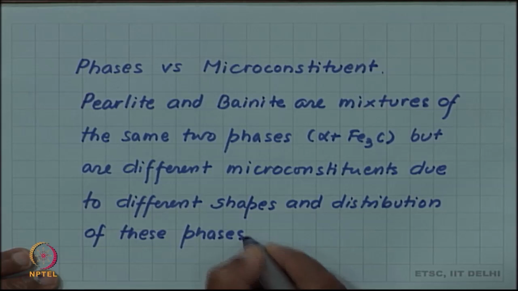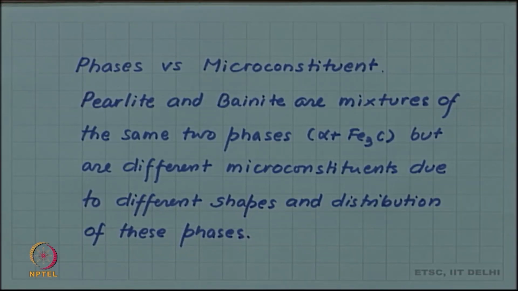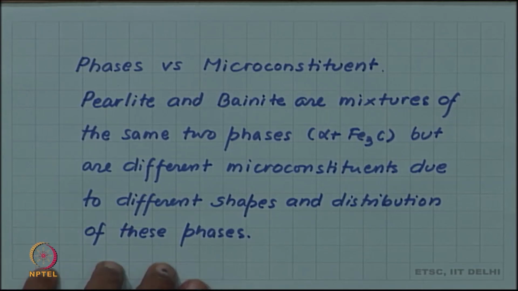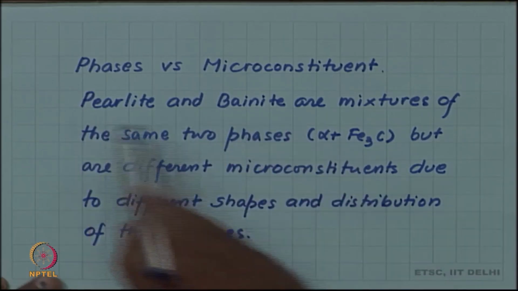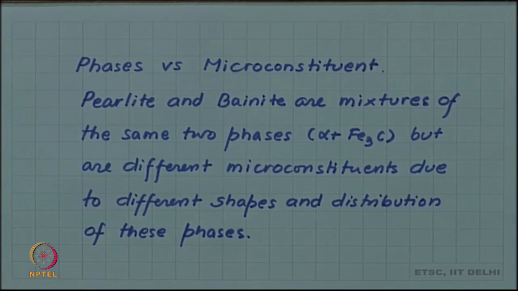So, their appearance in the microscope is different. Based on the difference in appearance in the microscope, they are different microconstituents, and that is why they have different names, pearlite and bainite, but in terms of phases both of them are alpha plus Fe3C.